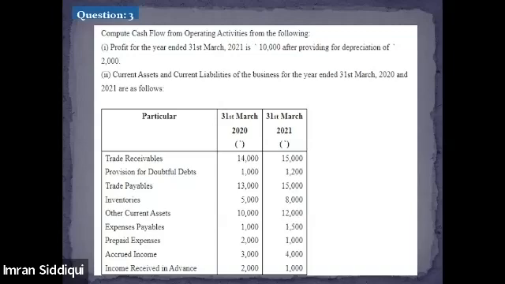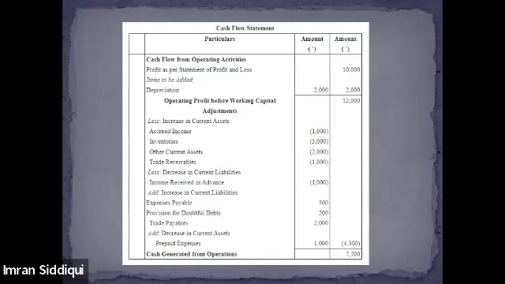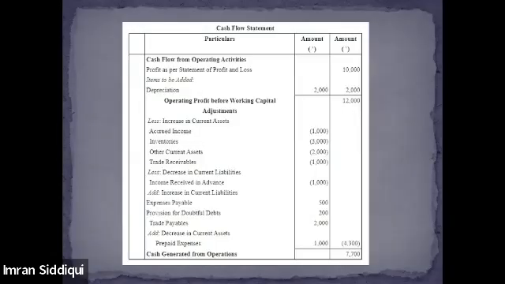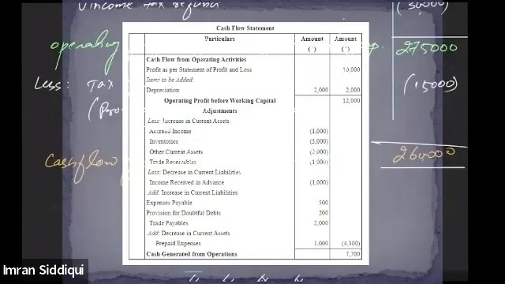No, sir. Why not? Haven't you added the amount of depreciation in it? Tell me. Okay, let me show you the solution. See, this is the solution. Everyone is able to see that? Yes. Okay.